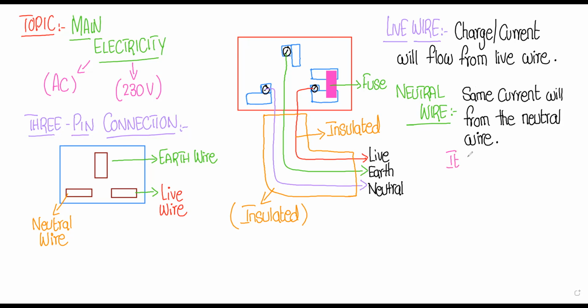Yes. So what's the difference between neutral wire and live wire? Live wire is the origin of AC current in the circuit, right? Because current will start from the live wire, but you need the second end also, because charge flows from one end, and to complete the circuit you need another end on the other side of the circuit. So current will easily flow from one terminal to the other, and the circuit will be completed, right?